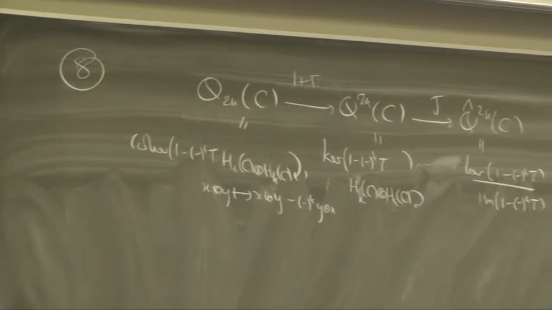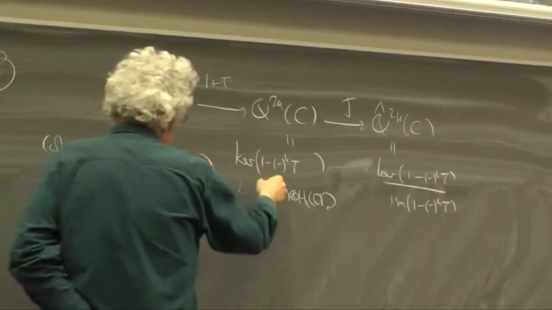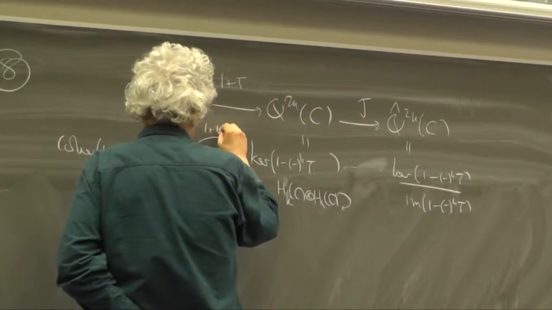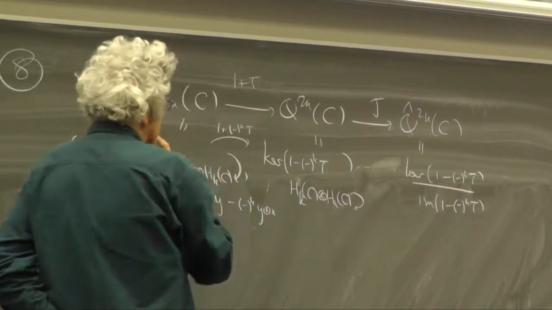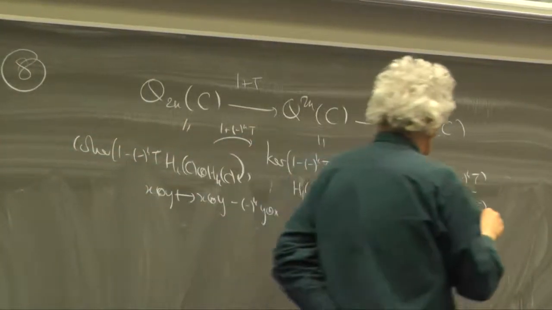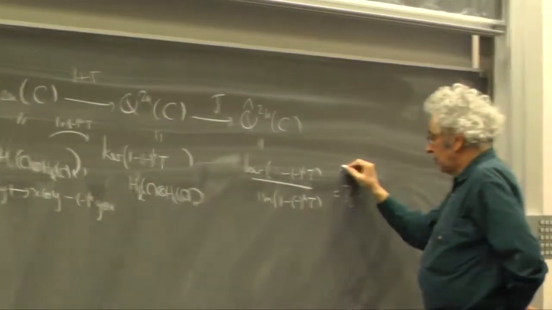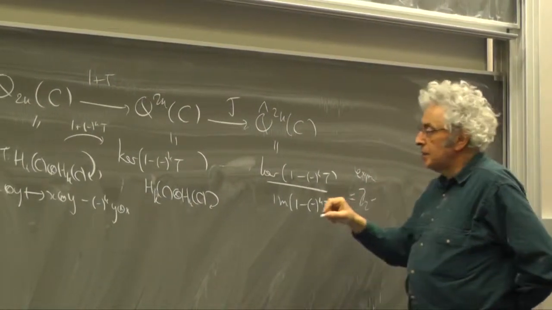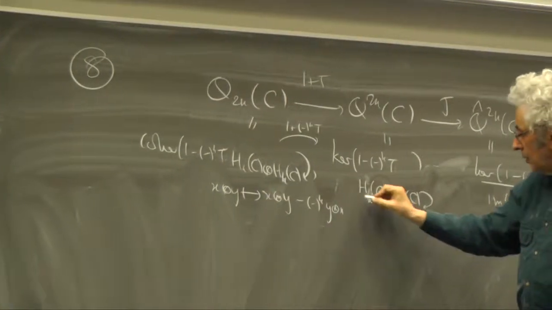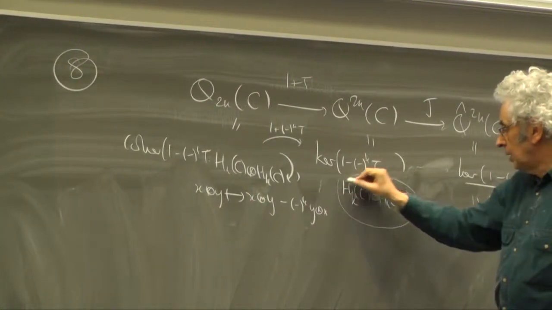So in terms of this E here, it's 1 plus T. So you can see why this is Z2 torsion, by the way, exponent Z2. So you get a symmetric matrix, or symmetric form here.